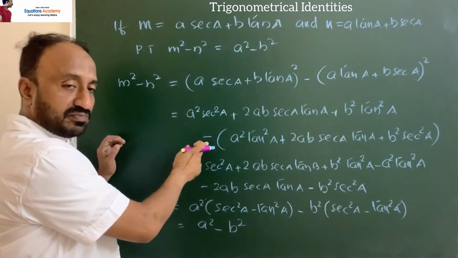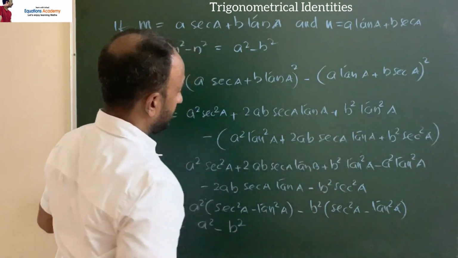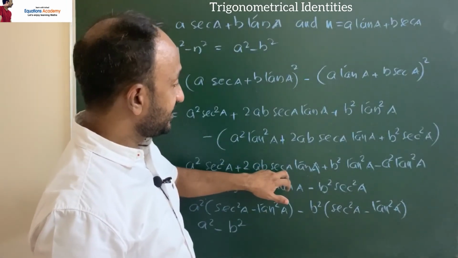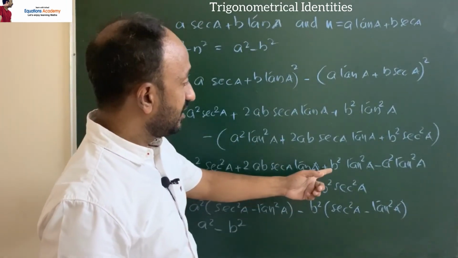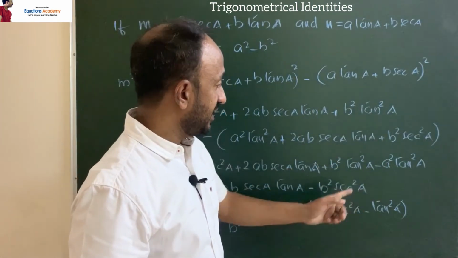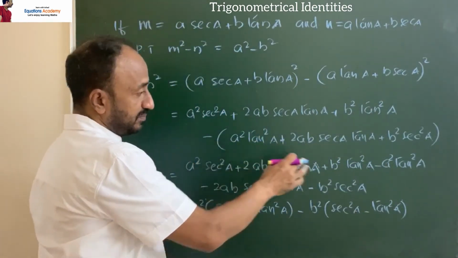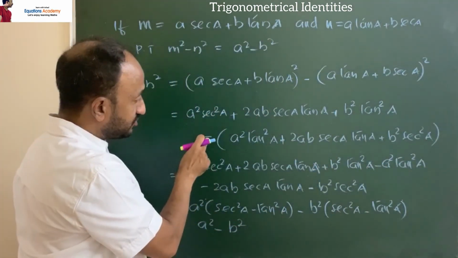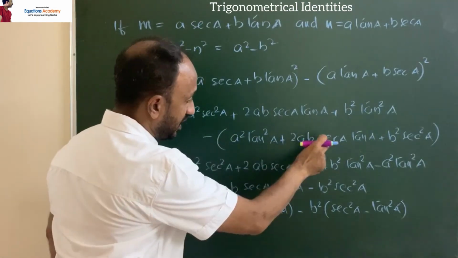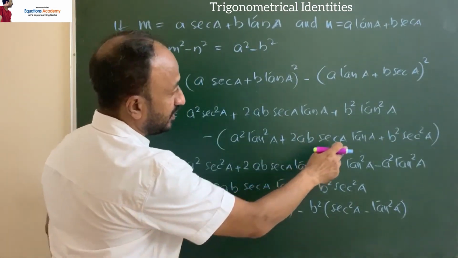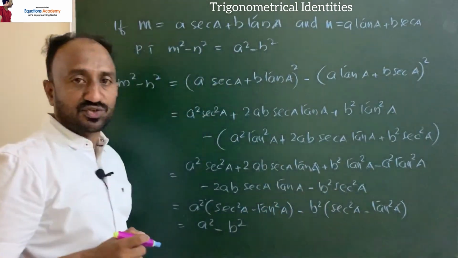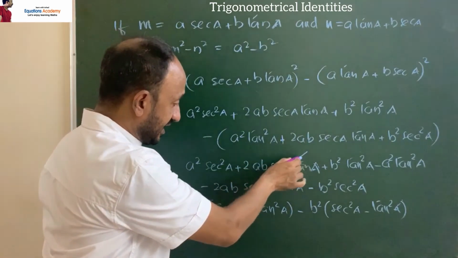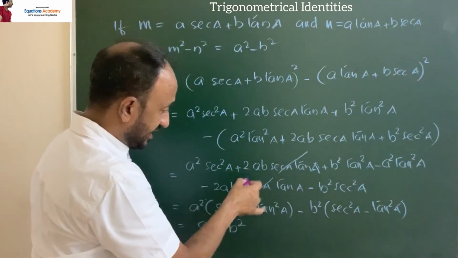Remove the bracket, so this minus will go to all the members here. So a square sec square A plus 2ab sec A tan A plus b square tan square A minus a square tan square A, then again this minus will go here, so minus 2ab sec A tan A minus b square sec square A. Now plus 2ab sec A tan A minus 2ab sec A tan A cancel.